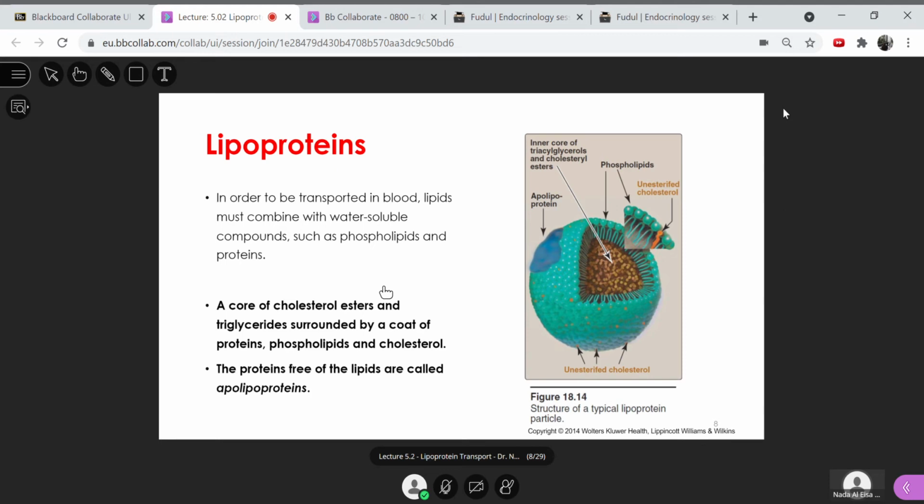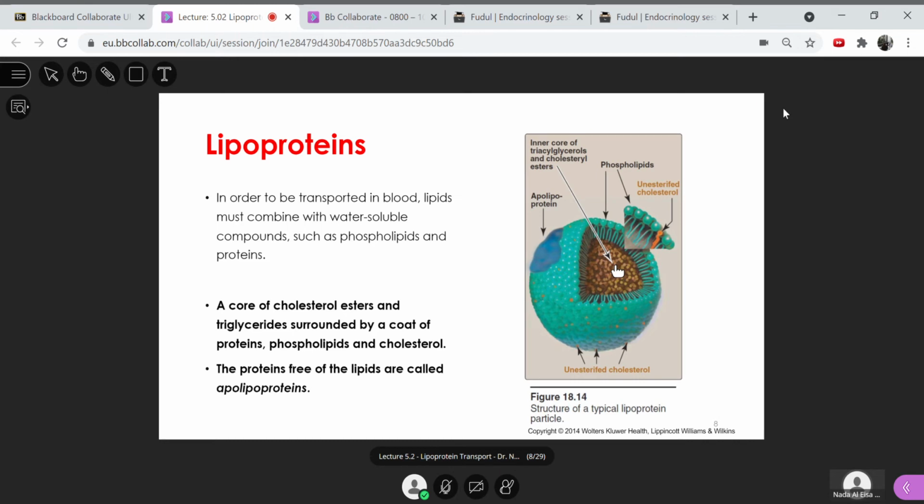That's why they need to be combined with water-soluble compounds, such as phospholipids and proteins, to make them into these special particles which have a hydrophobic core.